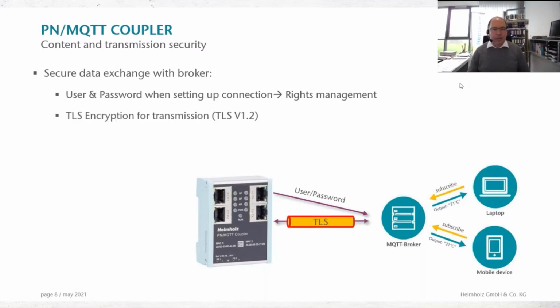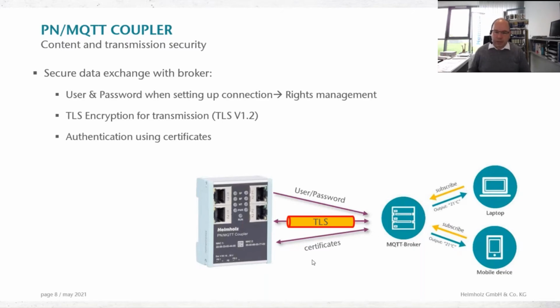For the communication itself, the communication can be encrypted with TLS, version 1.2. So there's no possibility to read the data online. And I talked about user and password. This is more an old technology. Today, you use authentication with certificates.